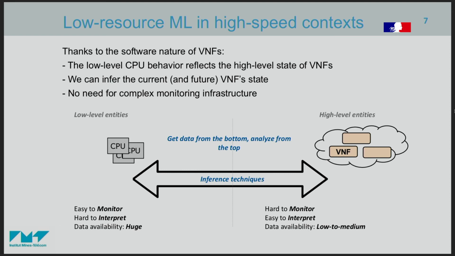In particular, we try to understand how to exploit low-level data, such as the data coming from the CPU, from the NICs, to infer what is the current high-level state of the system by using low-resource inference techniques, ranging from simple machine learning to pure mathematical approaches.